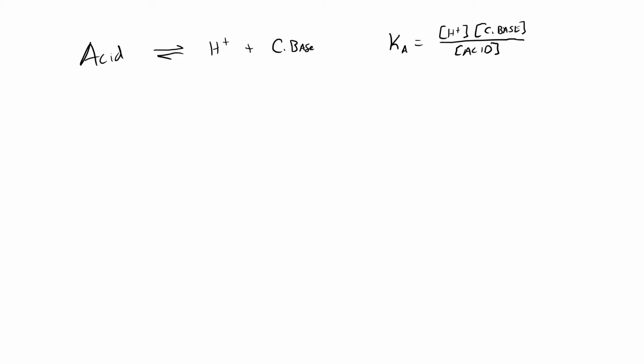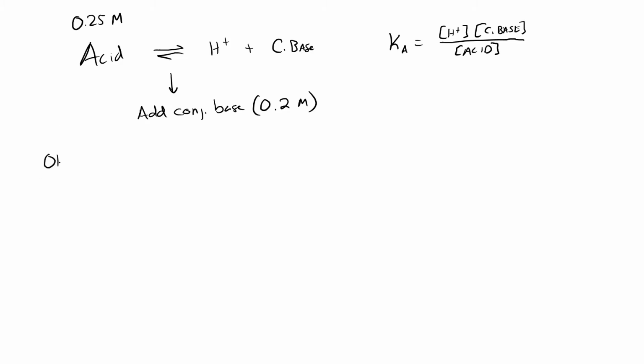That's the goal. All right, so now we've got this equation, and let's say that we add conjugate base to our solution. Let's say we start with a 0.25 molar solution of acid. We're going to add a solution of 0.2 molar conjugate base, so similar concentrations. This conjugate base is of course going to react with water and create OH minus.